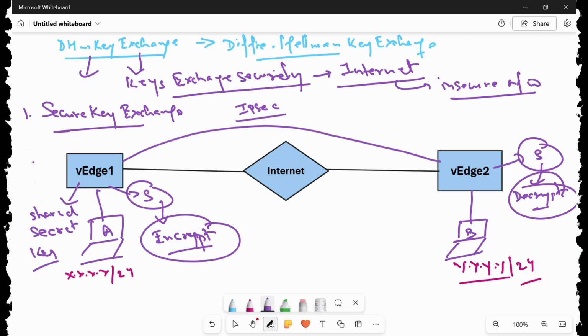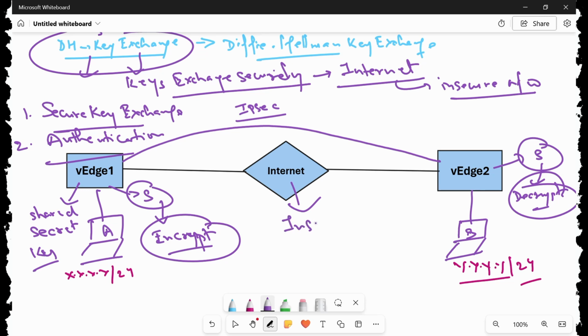The second point for which Diffie-Hellman is used in IPsec is authentication. This Diffie-Hellman group will ensure that the key exchange happens securely without exposing the keys, even if the communication is over an insecure network.